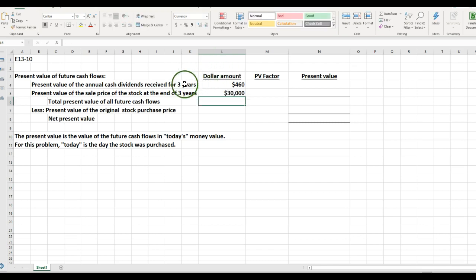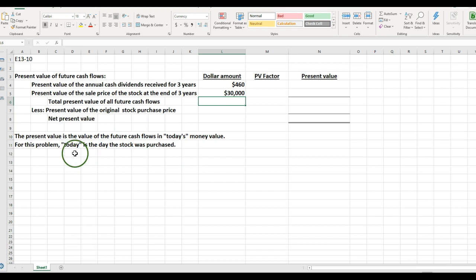We need to find the present value. But first, what is present value? I'll type this in. The present value is the value of the future cash flows in today's money value. And just as a general rule, $1 in the future is worth less than $1 today.